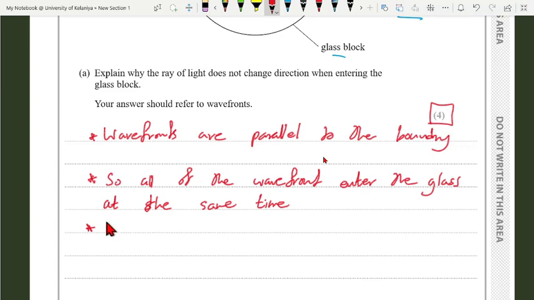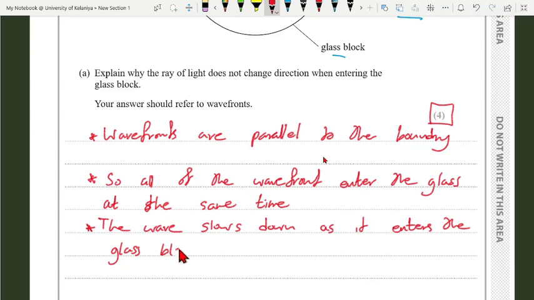Next point: the wave slows down, or the wavefront slows down, as it enters the glass block. But you should know the whole wave has one speed, so the whole wave travels the same distance within a unit time.